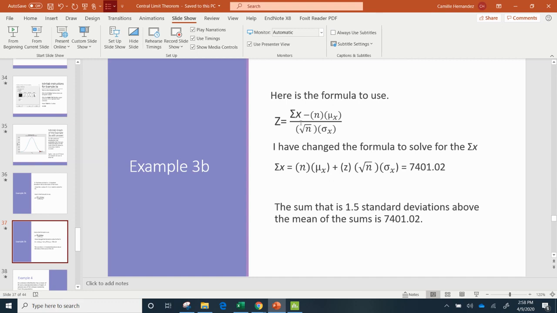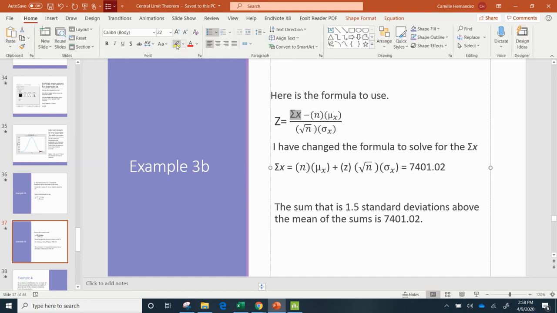So I have this nasty formula here, and what I want to do is solve for this right here. I'm going to highlight it so we can see it. I'm going to solve for that. So basically I changed the formula to make that easier. I put everything else on the other side while I did that.